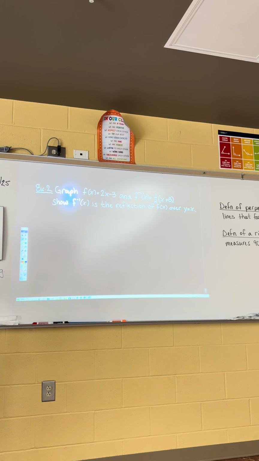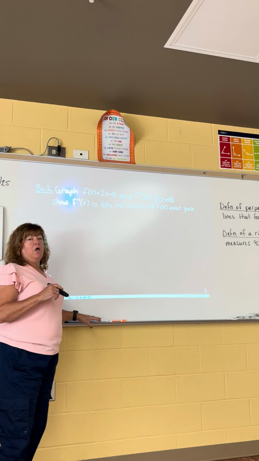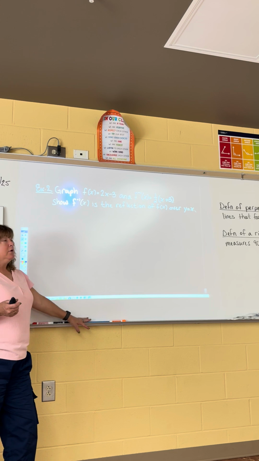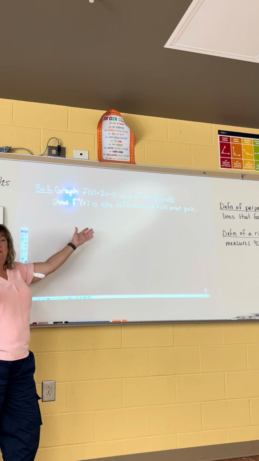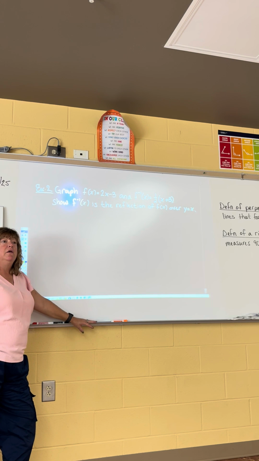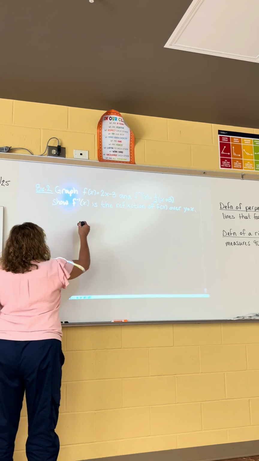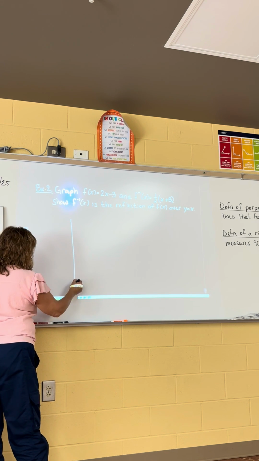Okay, how do you want to graph f of x equals 2x minus 3? I'll graph it any way you want. Options are make a table, or use slope intercept form, and that's going to give you a point on the graph.